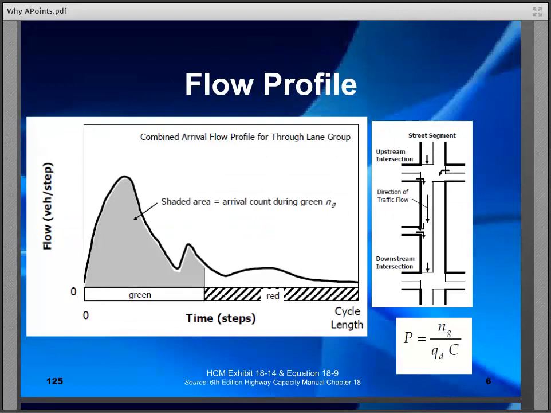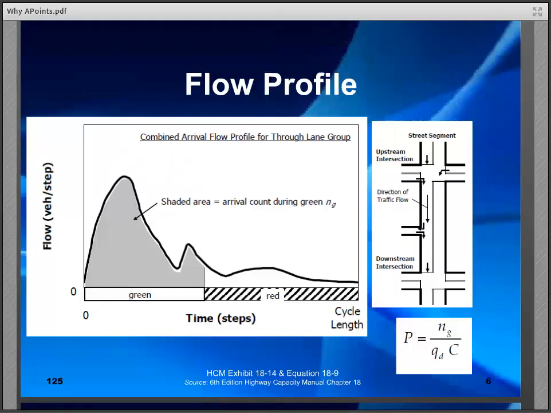And this flow profile shows two very well coordinated signals with no access point influence essentially. And you see this represents virtually all the through movements from the upstream signal arrive during the green downstream. Even the side street left turn is sent downstream and gets there in time for the green. The side street right turn maybe not so much.